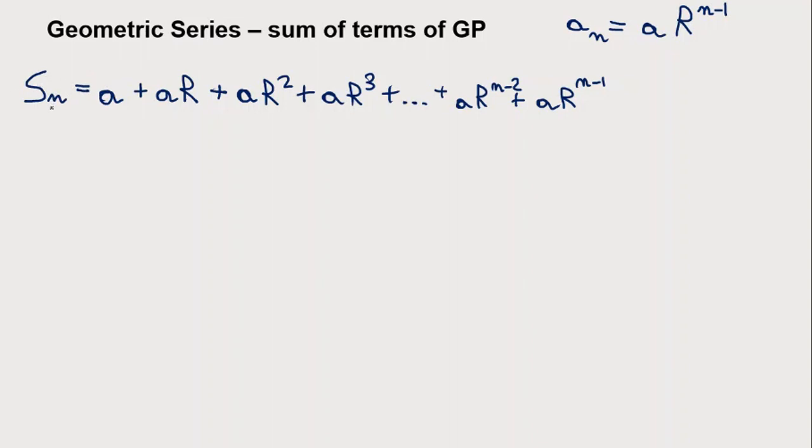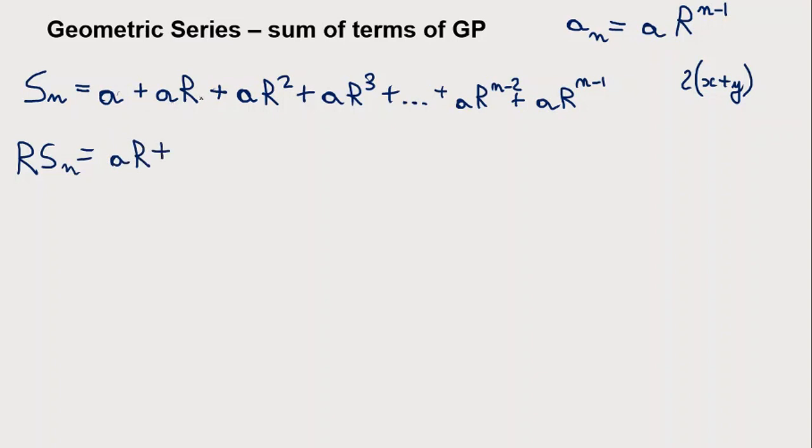So if I multiply Sn with r, I will have ratio times Sn. On the right hand side, however, I will need to multiply the ratio with every single term, similarly to what we do if we have a number in front of some brackets. This 2 must multiply x and also must multiply y. So if I multiply everything here by r, r will multiply with a, so it gives me ar.